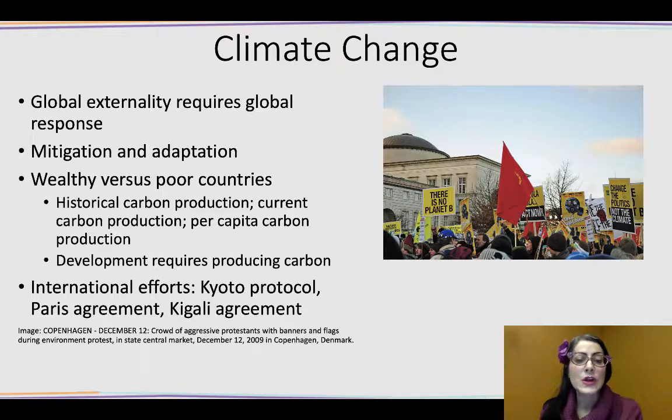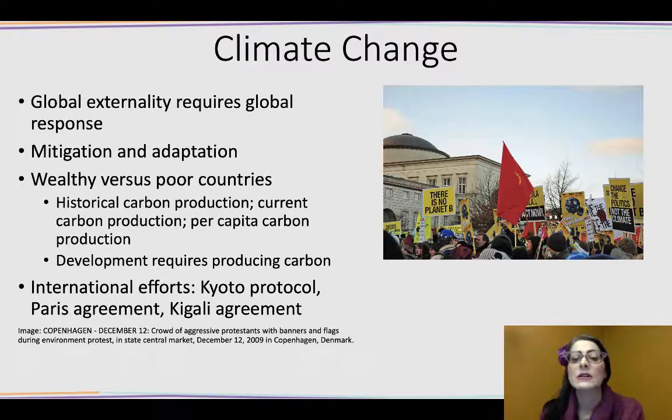International efforts. So we've been trying to deal with what that means. How do we get these per capita carbon productions down? How do we mitigate that? How do we get these companies to deal with their externalities, and make them responsible for it?